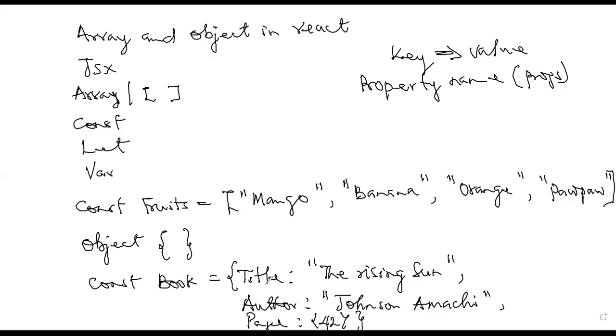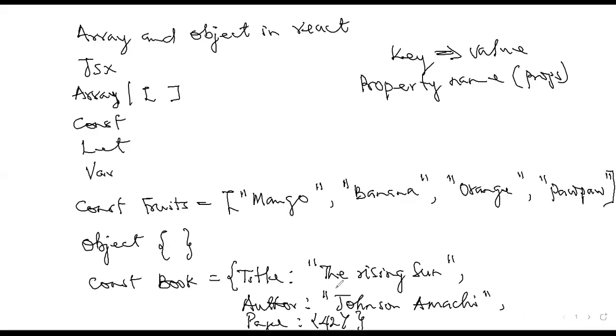Let's say we want to access title. We want to see the value of title. All we need to do is to say props. In React, it has to be inside curly brackets.